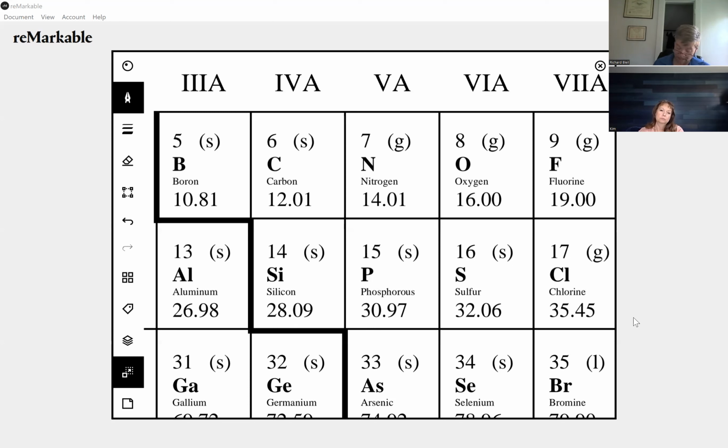Let's look at carbon and oxygen. Carbon has an atomic weight of roughly 12. Oxygen has an atomic weight of 16. All right, we go back to our notes.